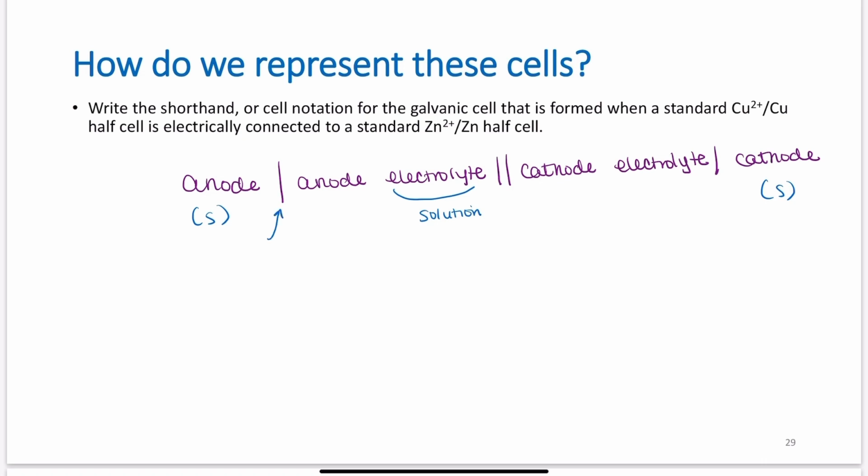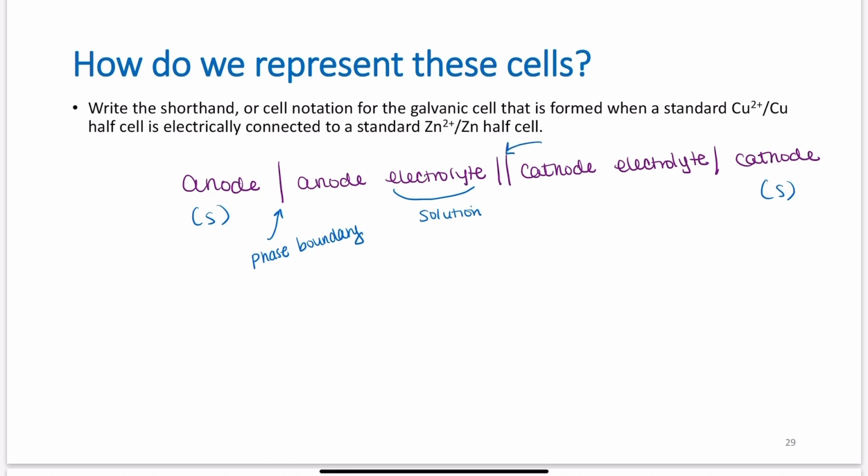This line here is a phase boundary. We're going to use that when we're flipping between solid to liquid phase, liquid to gas phase, or solid to gas phase. If we are separating out two different physical phases, we're going to use a single line.